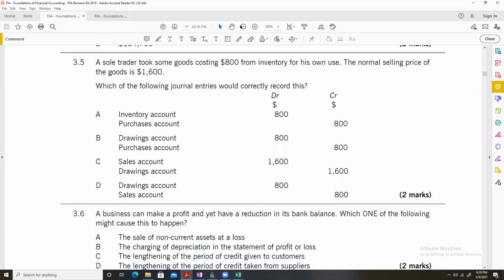Now, the question 3.5. A sole trader took some goods costing $800 from inventory for his own use. The normal selling price of the goods is $1,600.